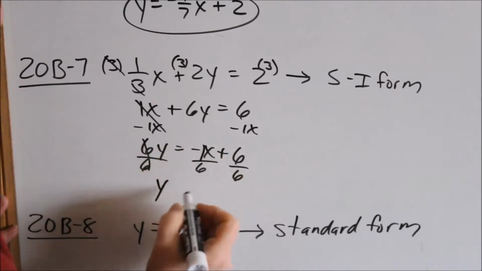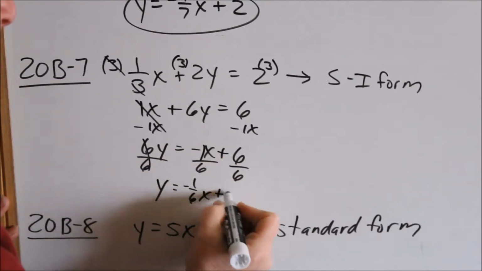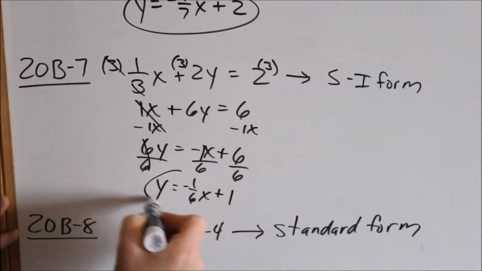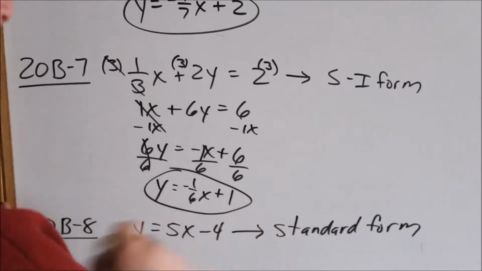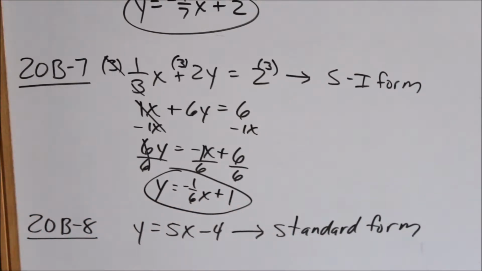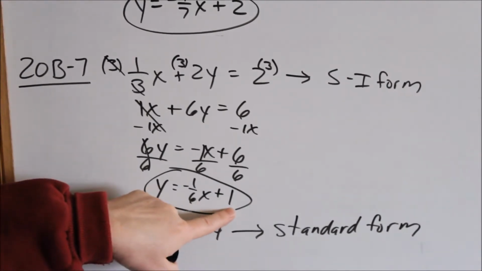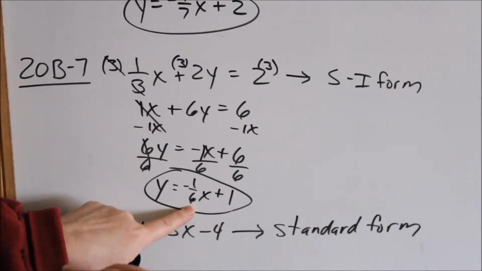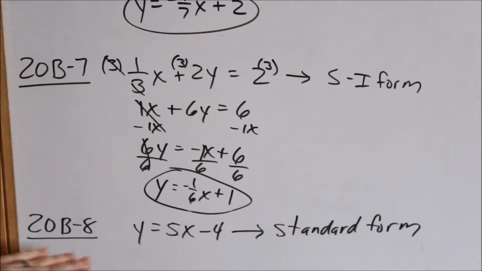And this is like a 1 there, so I can write this as a negative 1/6 coefficient. 6 divided by 6 is 1, not 0. So that would be in slope-intercept form. Slope-intercept form, y on one side, everything else on the other side. And you can see this is my slope, the number before your x, and this is my y-intercept. They call it slope-intercept form because you can tell what your slope is, negative 1/6. You can tell what your y-intercept is, positive 1.